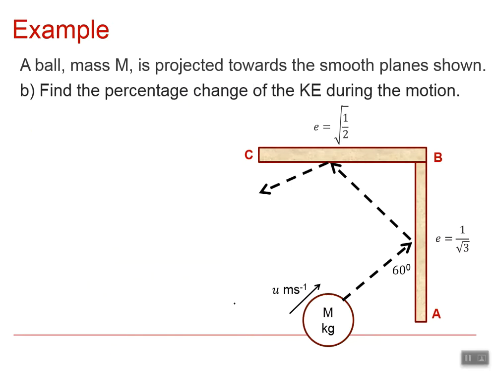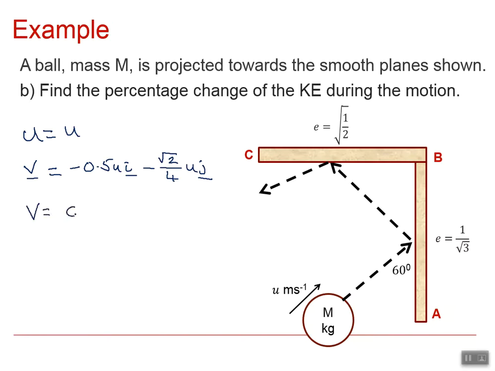So now what we're going to try and find is the percentage change of the kinetic energy during the motion. So for that, we're going to need to know u, the initial speed, and v, the final speed. So u, fairly easy, it's just u. v is going to need to be the magnitude of our velocity vector. I've written this in exact form here so that I get an accurate answer for v.